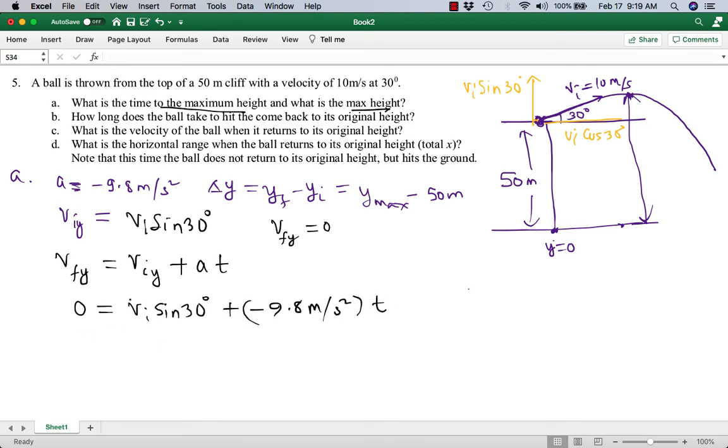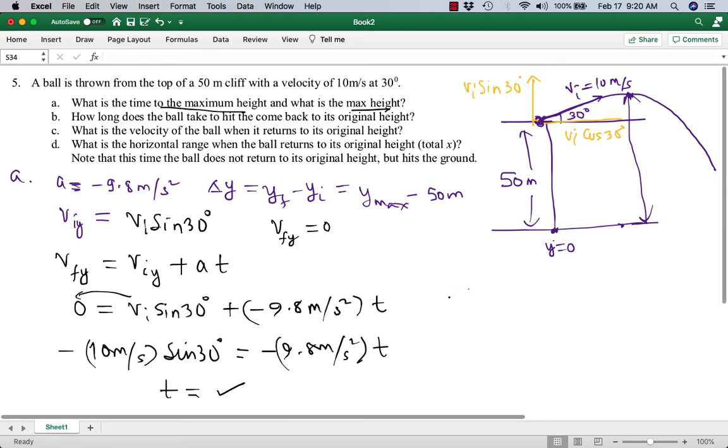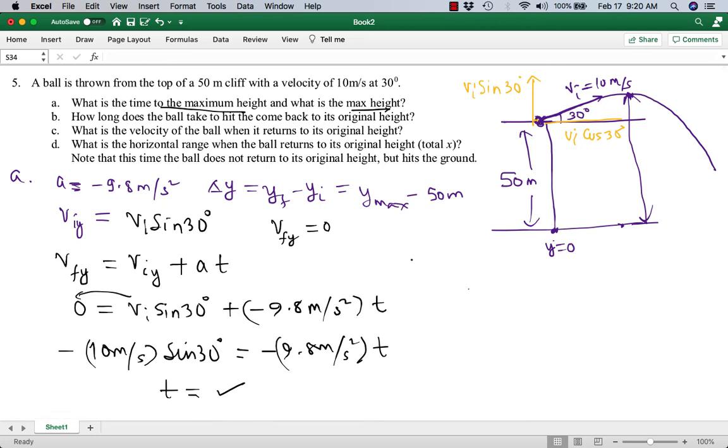So you can take this to the left, it becomes vi. Vi is 10 meters per second sine 30 degrees is equal to negative 9.8 meters per second squared times t. So you can solve this to find t. This is a small t because it's the time for the maximum height, not the complete motion. And then we also need to find the maximum height.